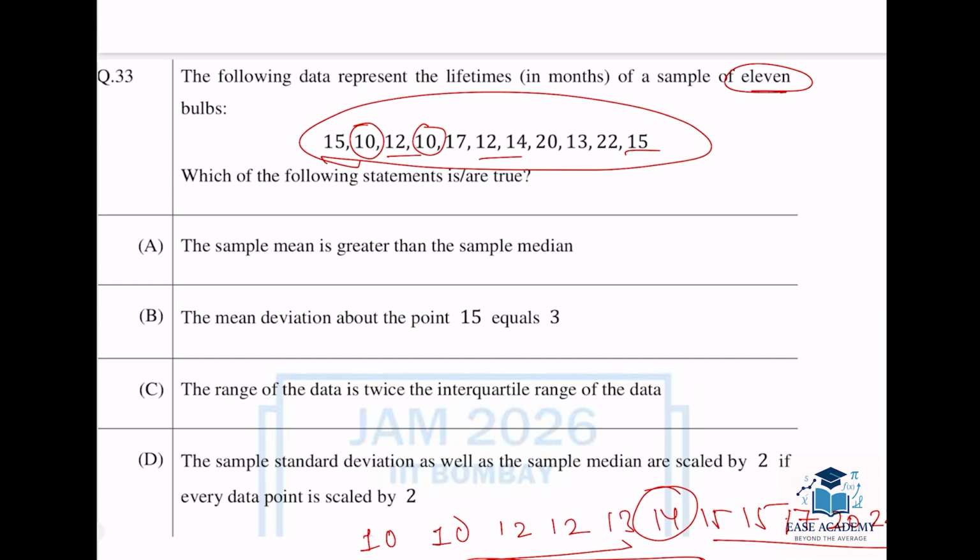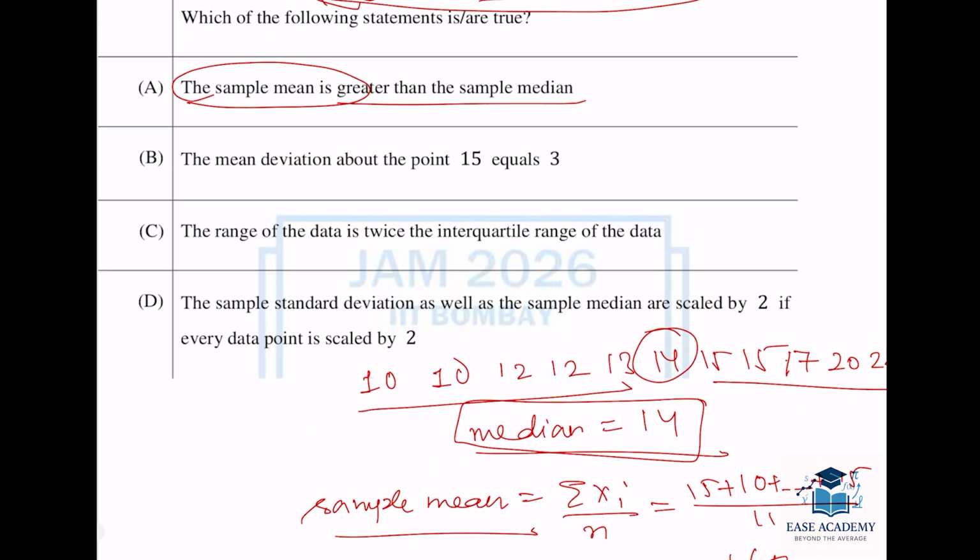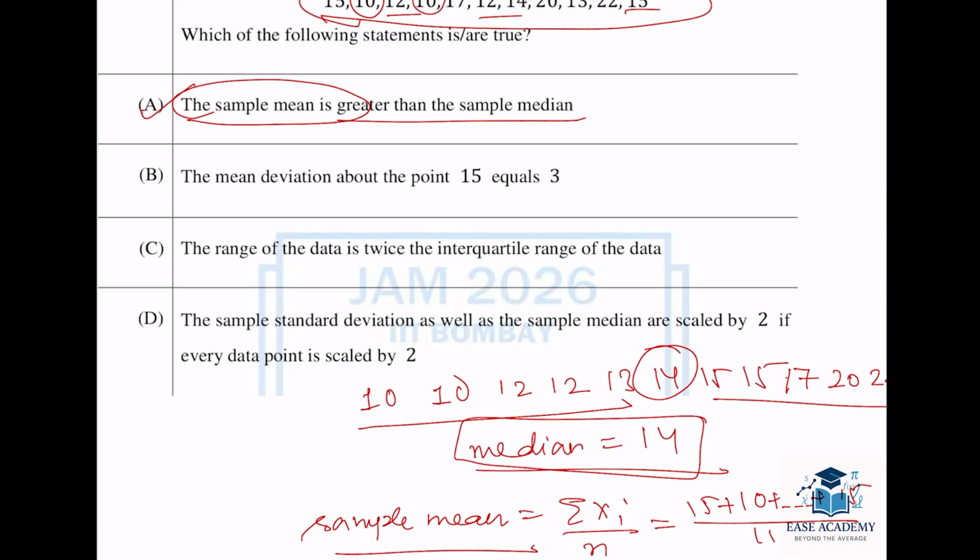And we have to compare that sample mean is greater than the sample median, which is true. Here median is 14 and sample mean is more than 14. That means option A is correct.